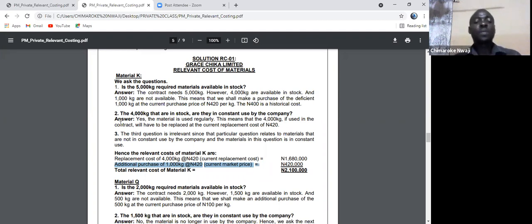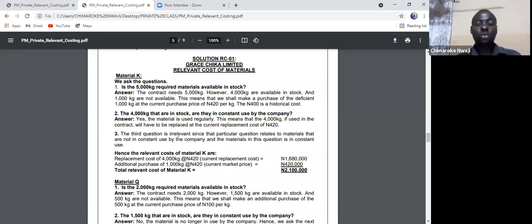Now, question 3 is irrelevant because the 4,000 kg are in regular use, and you stopped so far at question 2. We don't consider question 3 because at question 2, everything has been settled. So for material K, the total relevant cost is 2,100,000. So that's it.